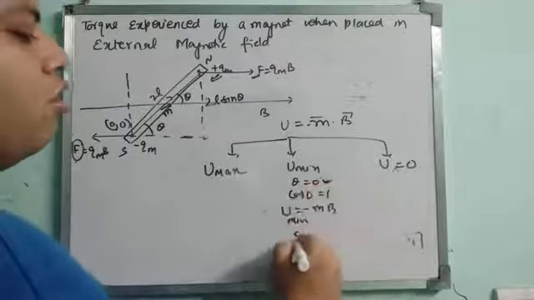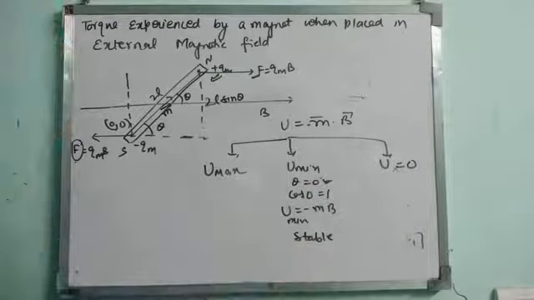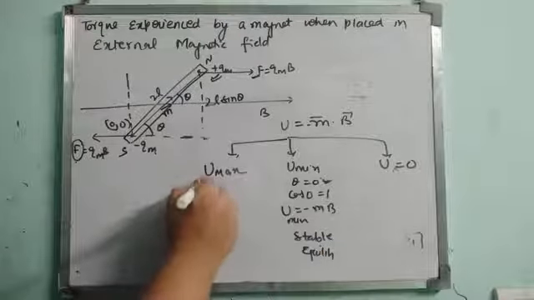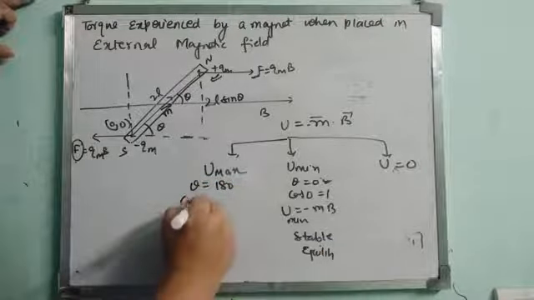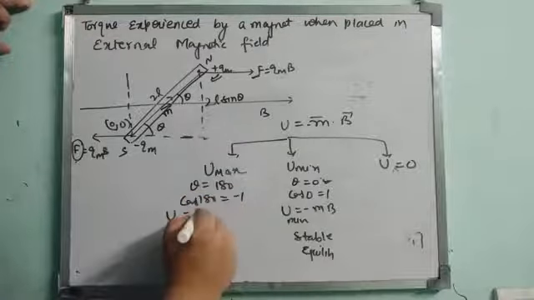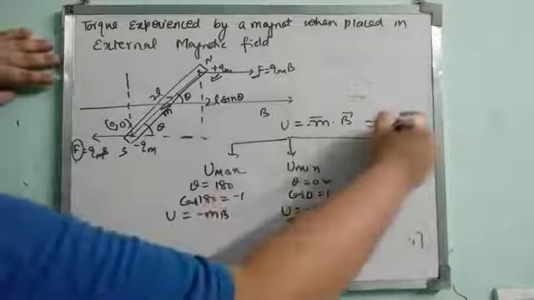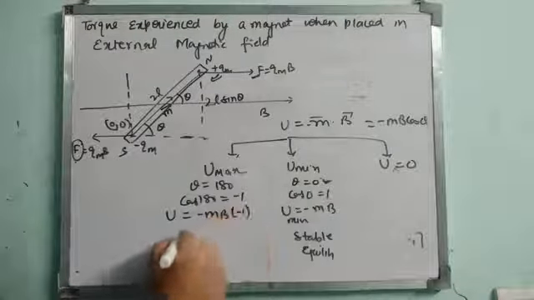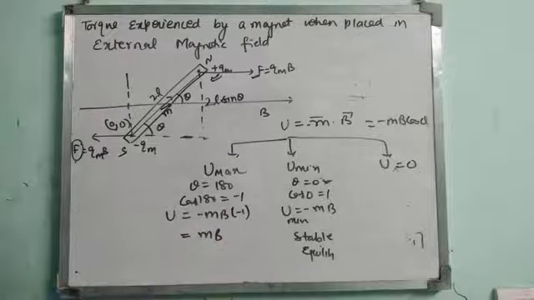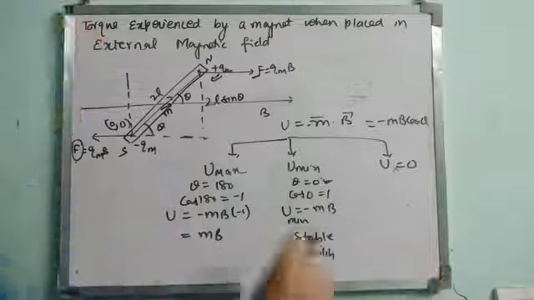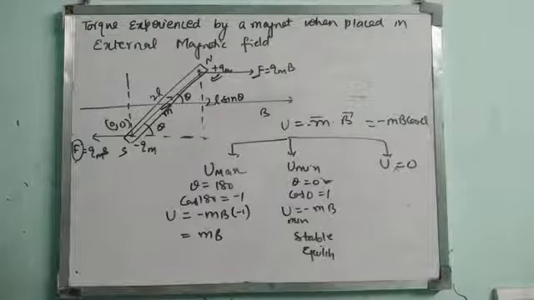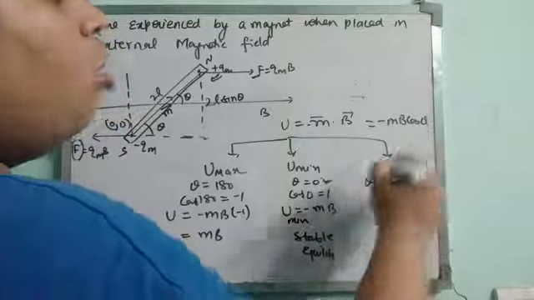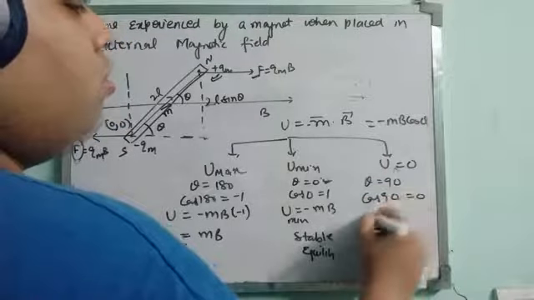And when theta was 0, the body was in stable equilibrium. Potential energy can be maximum when theta is 180 degrees, cos 180 is minus 1, so potential energy will become minus mb cos 180, which is plus mb. Potential energy is 0 when theta is equal to 90 degrees, as cos 90 will become 0.